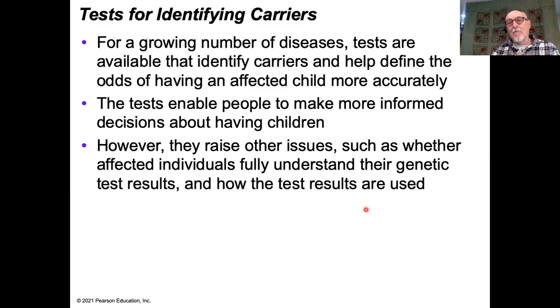It's just a way for people to be informed about their genetic status, about their genotype, because they're not expressing it in the phenotype. This raises a lot of ethical issues, however, because some people just don't want to know.